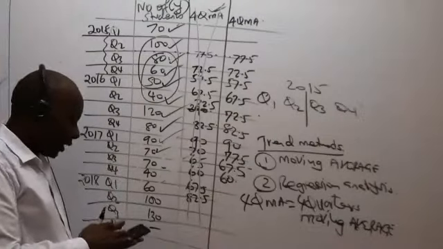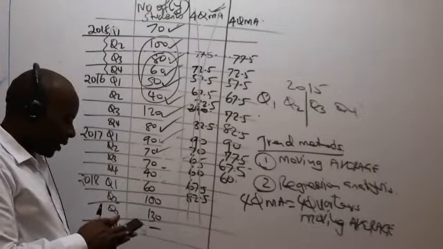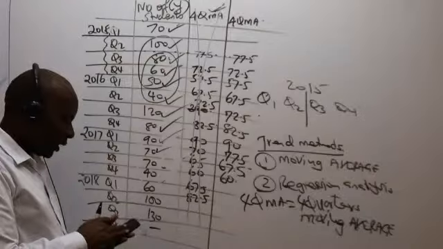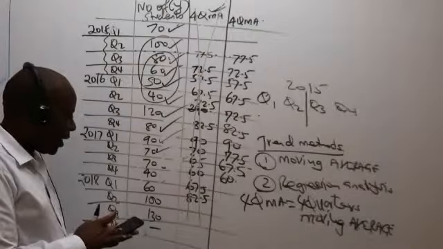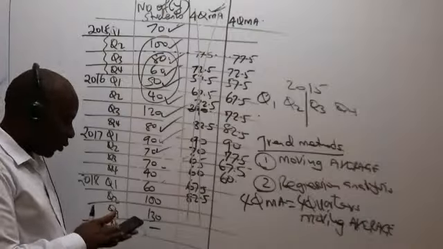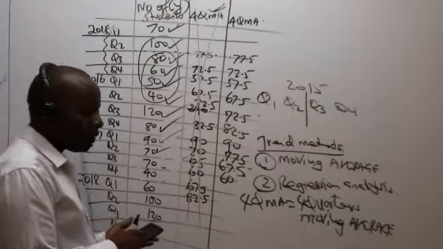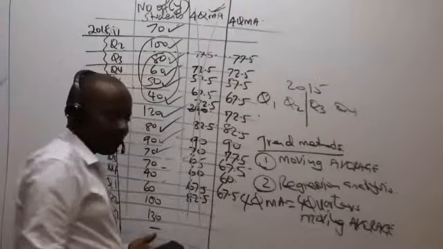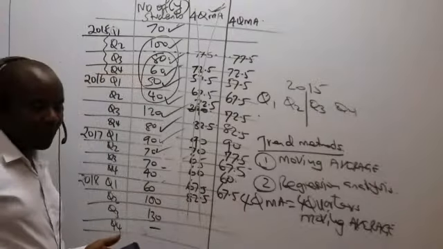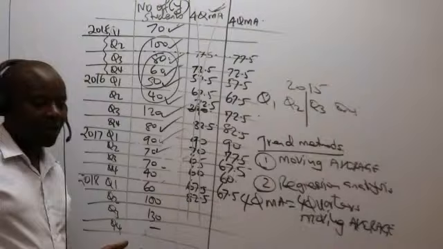So now we have 70. Now here we have 70 plus 40 plus 60 plus 100 divided by 4, which gives me 67.5. Is there somebody who is able to see 67.5? Yes.